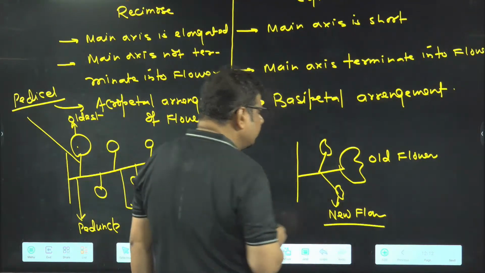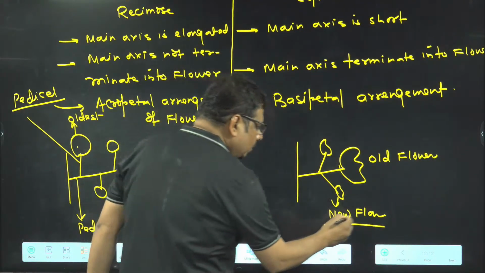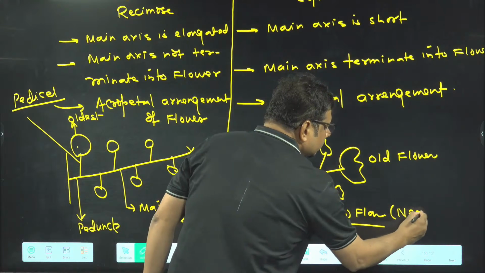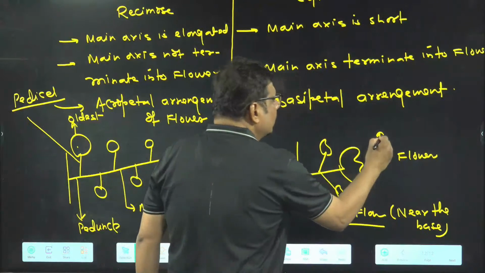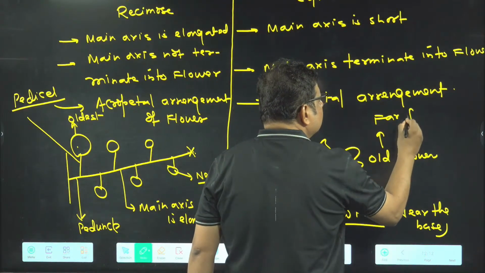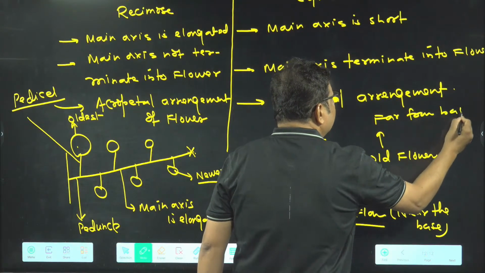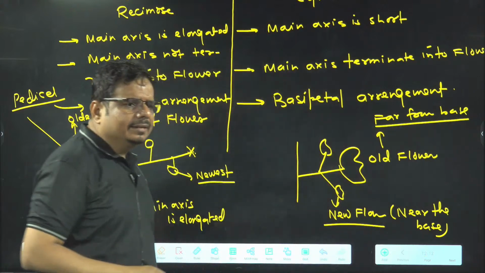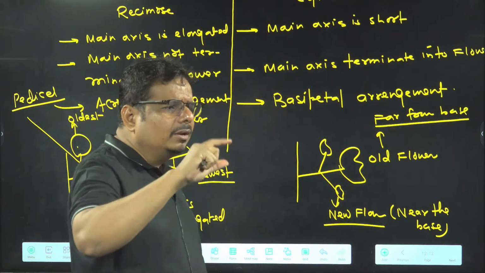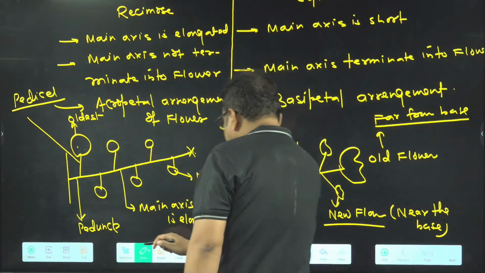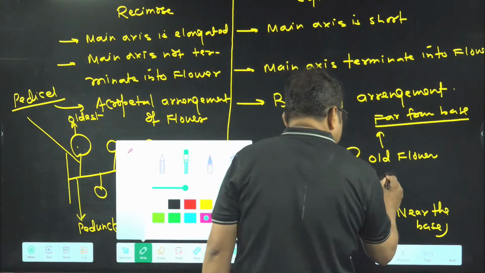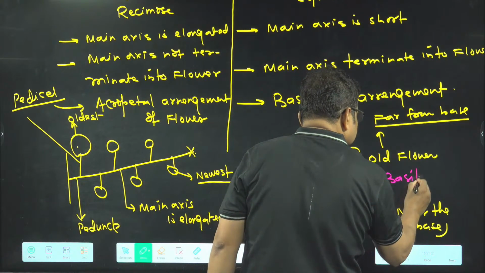The new flower is near the base, and the old flower is far from the base. What kind of arrangement will you see? It is opposite to acropetal. Such an arrangement is called basipetal.